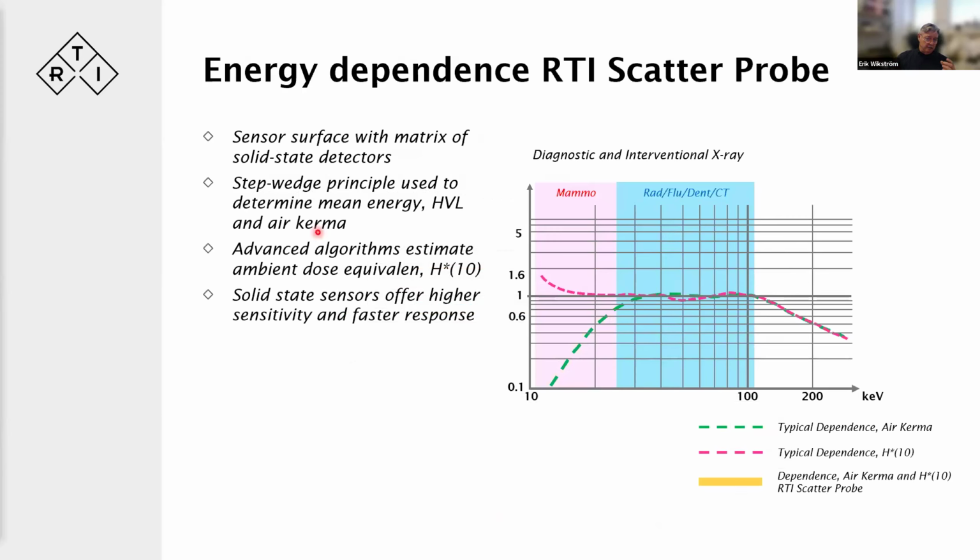With the step wedges, filtering, and comparing ratios between these sensors, we can determine not only the dose or the air kerma, but also the HVL and the mean energy in keV. With our algorithms, we can then estimate the ambient dose equivalent with high accuracy and reliability. And being solid state, it's quicker and has a higher sensitivity than ion chamber based systems.